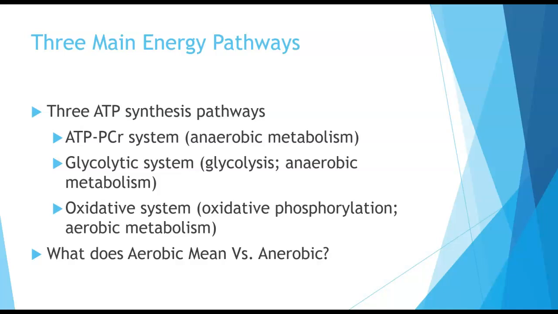The oxidative system is the only system that we will teach you in this course that is using aerobic metabolism. Okay, so that means oxygen is present. We need oxygen to break down and use. Oxygen is present in the pathways, in the energy sources, in order to create that energy to do work.